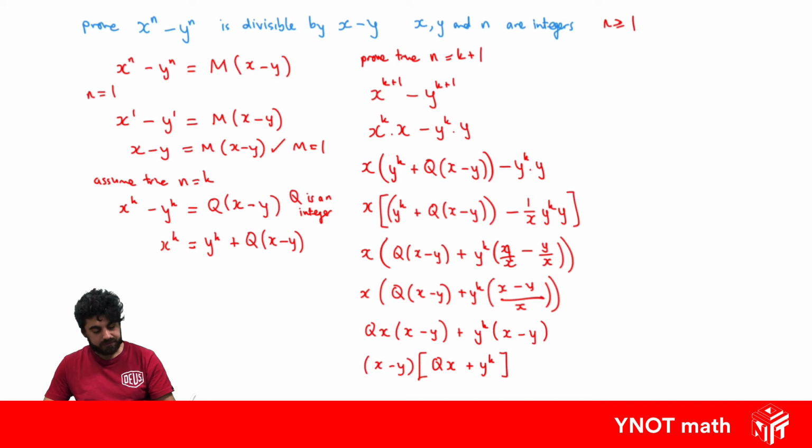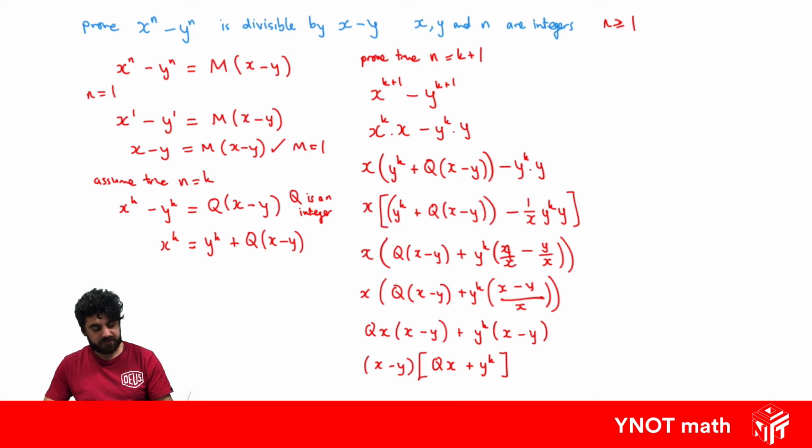And now we know that by definition in the question, x, y, and n are all integers. And we know k is an integer. So an integer to the power of an integer gives us an integer. An integer multiplied by an integer gives us an integer. And an integer plus an integer gives us an integer.